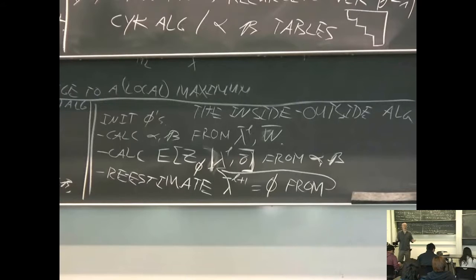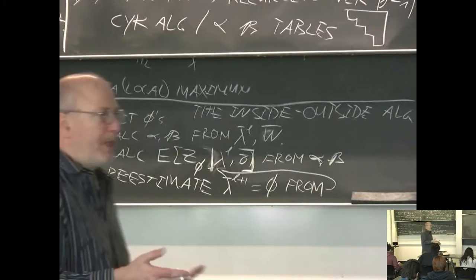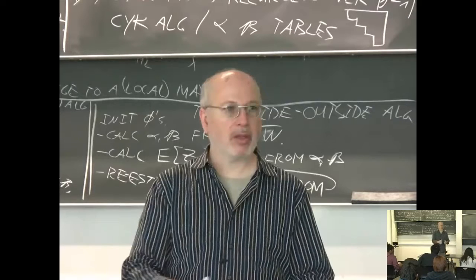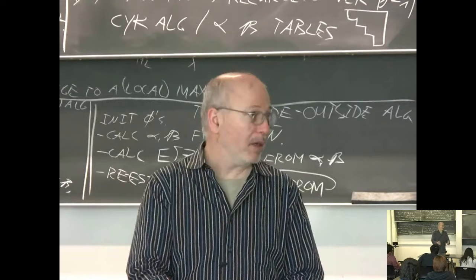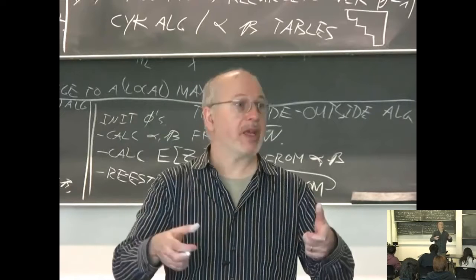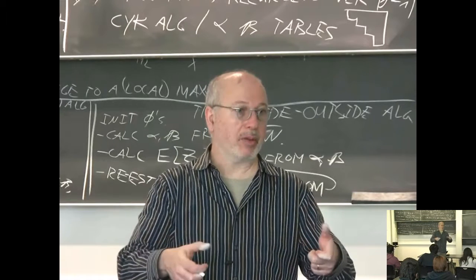You could almost write the exact same code. I mean, if you write object-oriented programming, a lot of the code will be the same, and then the implementation of what it means, the recursion of the alpha and the recursion of the beta would be different. And then the re-estimation formula would be different. It'll be a couple of lines.